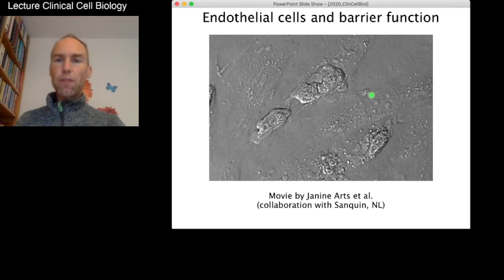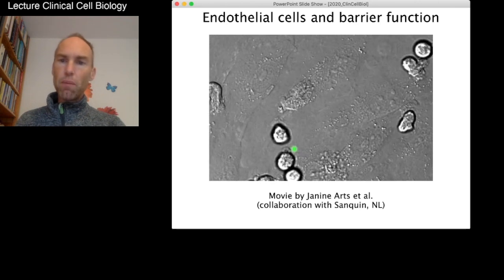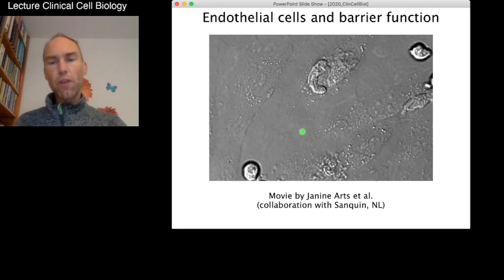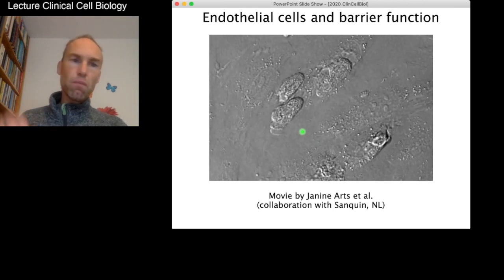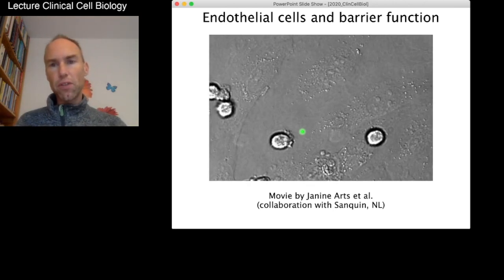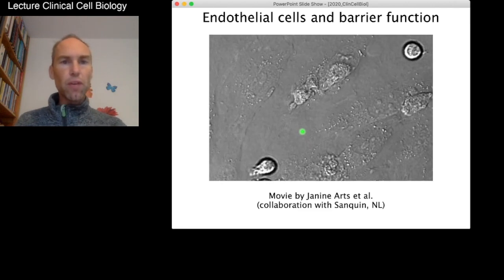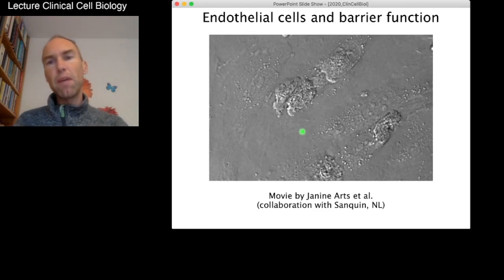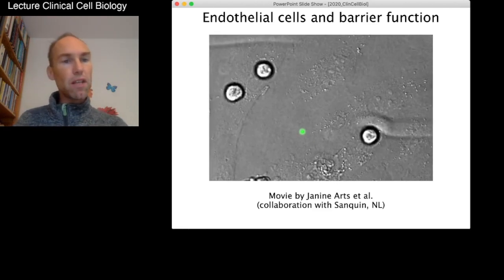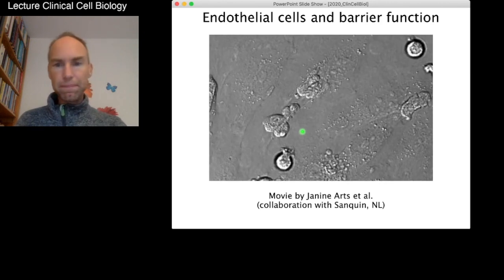At some point we flush in these white blood cells, these little balls, and they start to crawl on top of the endothelium, and at some point move under these cells. So these endothelial cells are quite flexible. They can have these white blood cells permeate them, and they can rearrange their cellular structure according to this phenomenon.